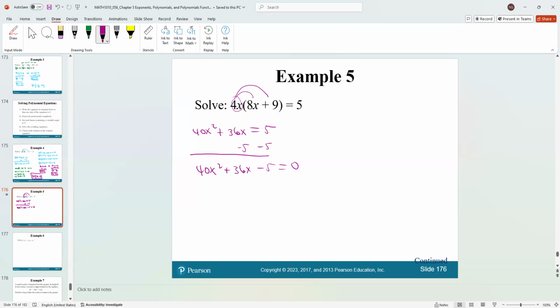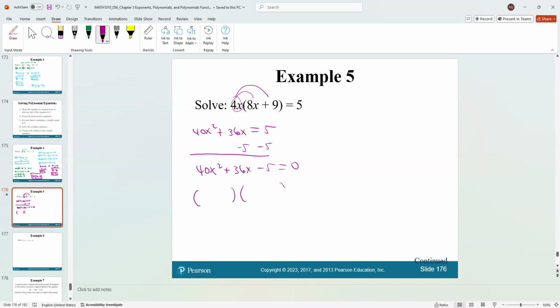Now, with something like that, I could just do 4 times 5 times 40, which gives you negative 200. Two numbers that when you multiply give you 200, and when you add give you 36. We could do that one with no problems. But I'm going to do trial and error again.